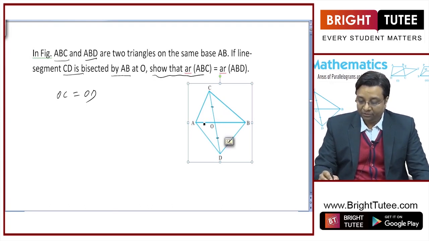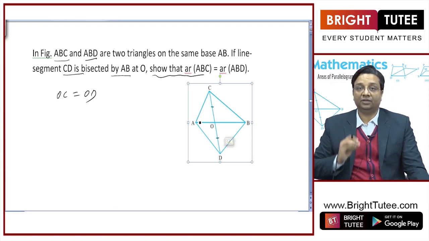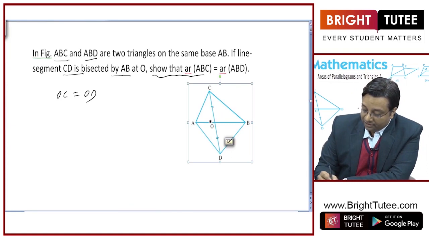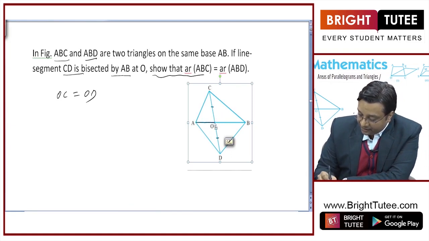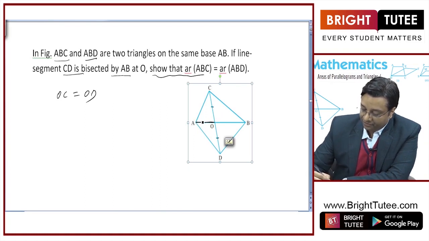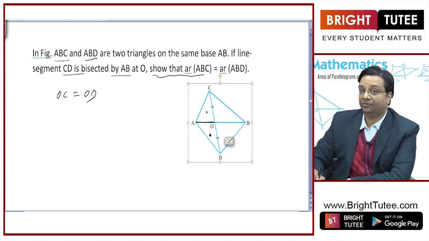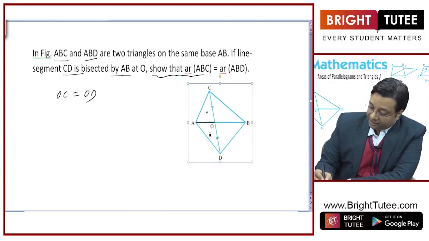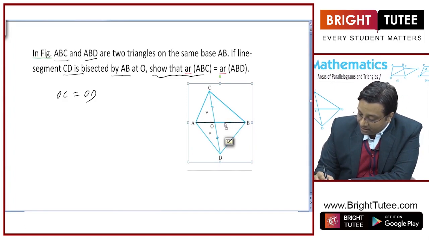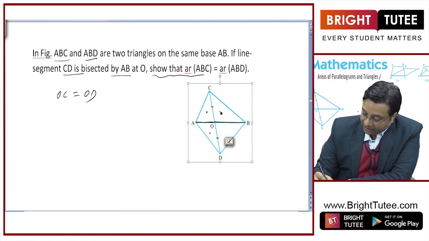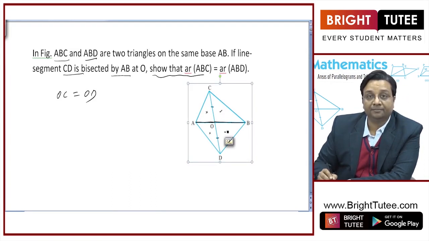Using the concept of median, how I am going to proceed in this question is, this AO is median for triangle ADC. So I can say that area of this triangle and area of this triangle is equal. Similarly, BO is the median for triangle BCD. So area of this triangle here is equal to area of this triangle.